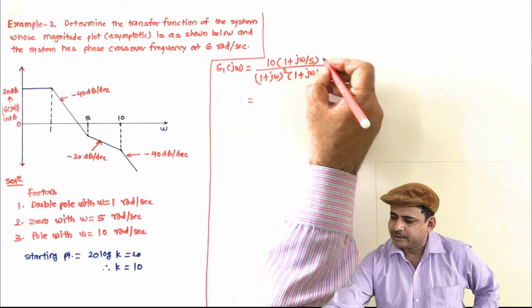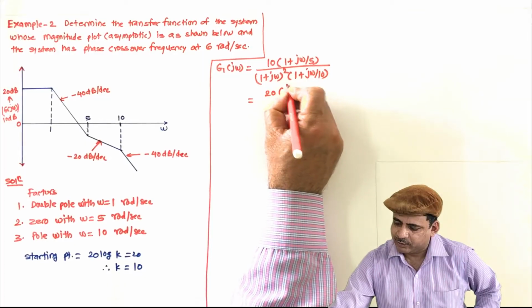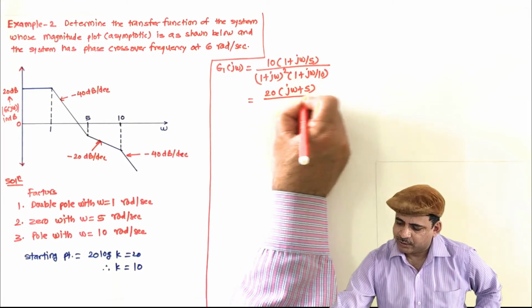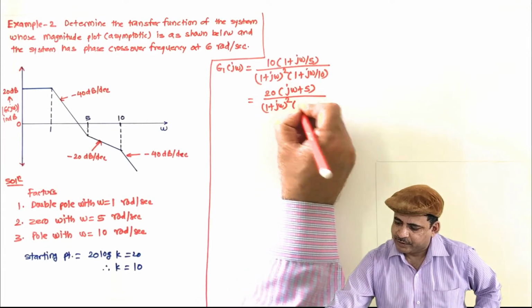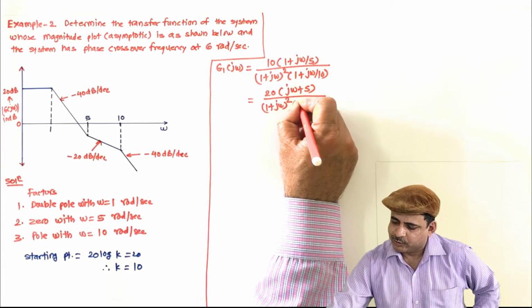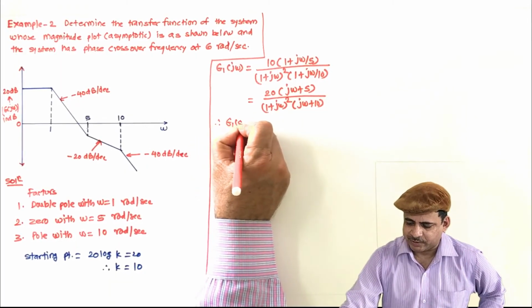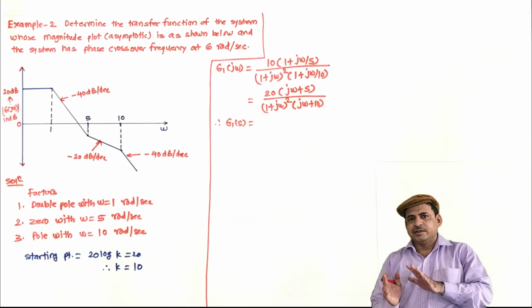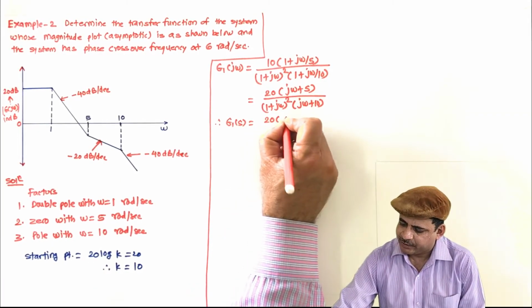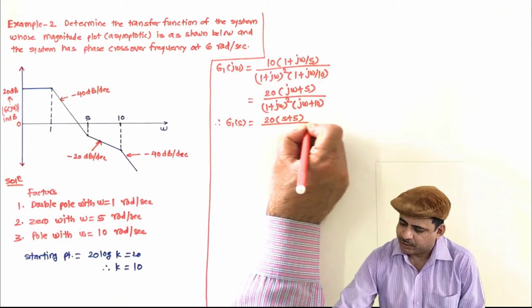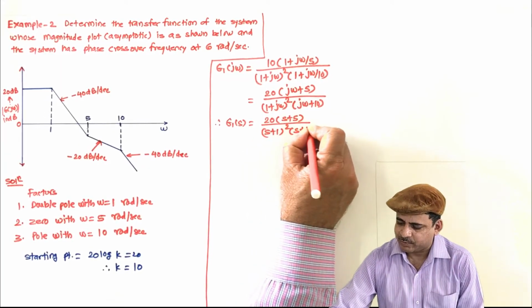This 10 will cancel with the 5 and it will be 20 into j omega plus 5 upon 1 plus j omega whole square into j omega plus 10. And so g1 of s, the transfer function which is the delay free portion, will be 20 into s plus 5 upon s plus 1 whole square into s plus 10.